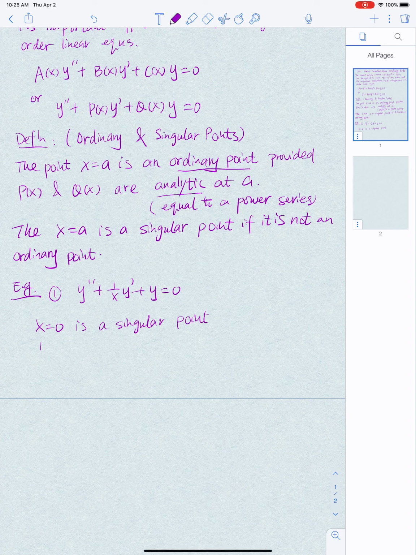And the reason is p(x), which is 1 over x, is not analytic at 0. It's not defined at x equals 0. So x equals 0 is a singular point.